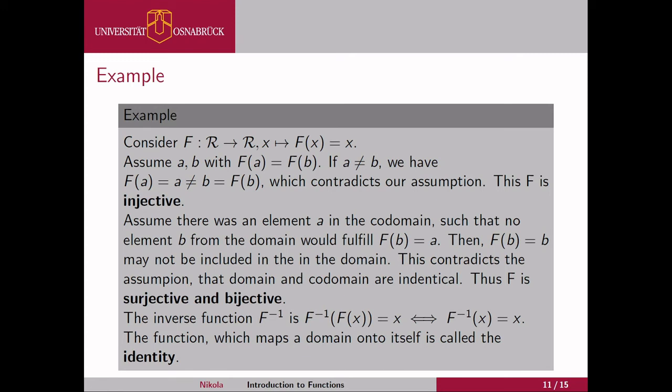And if we have a contradiction, this means that our assumption is wrong, and since we assumed a negation of our theorem, the theorem itself is true, and f is surjective. And since it's both surjective and injective, it's bijective. This means there is an inverse function.